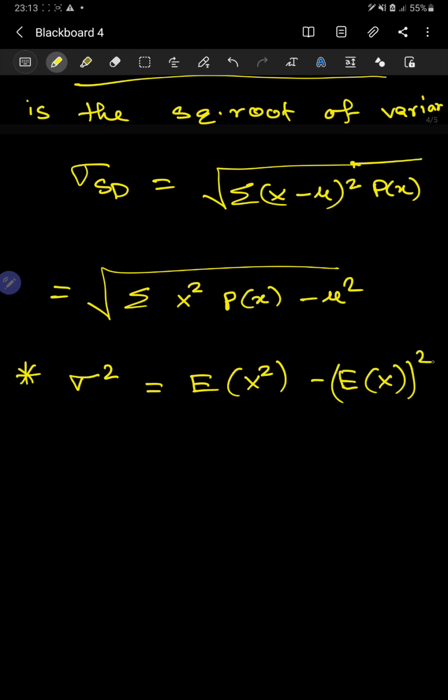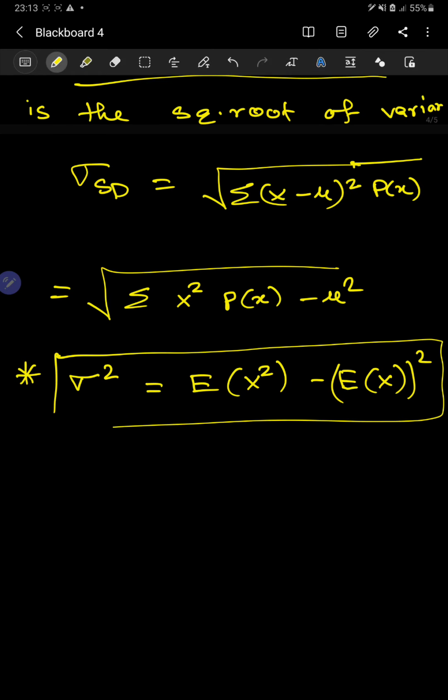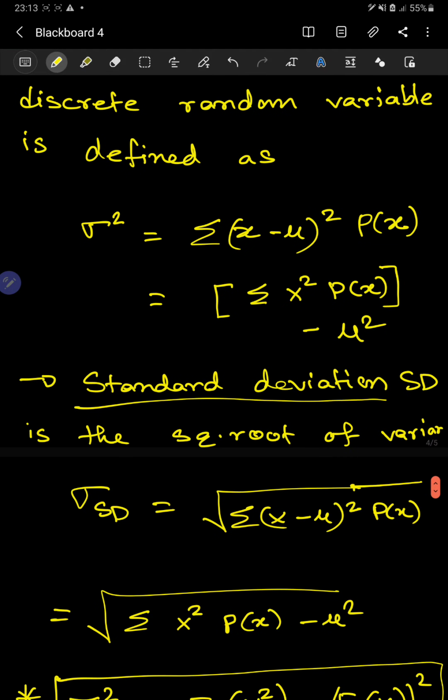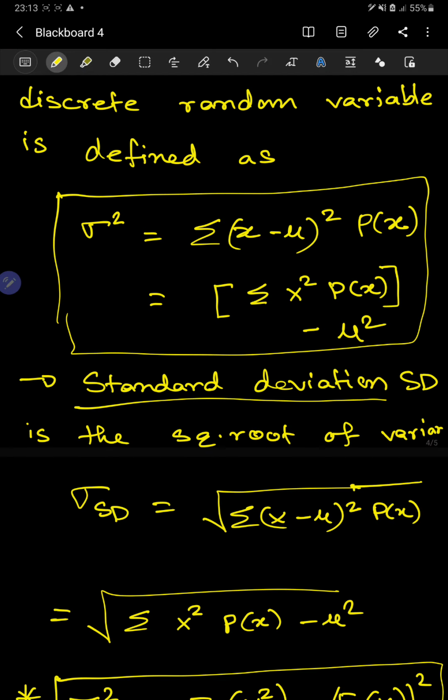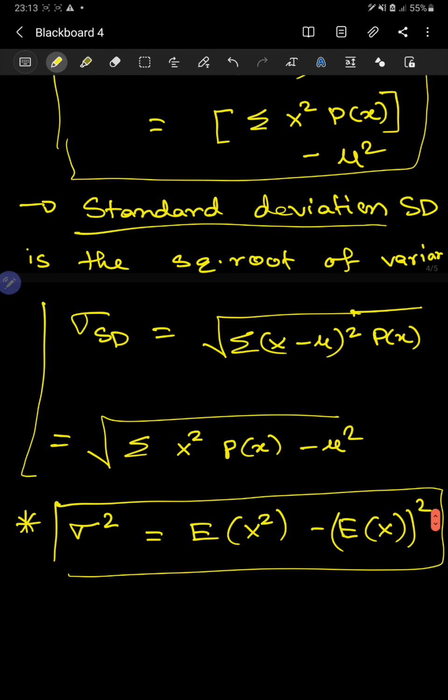Depending on the scenario, it might be useful to know this as well. And let's highlight this stuff. This is our standard deviation.